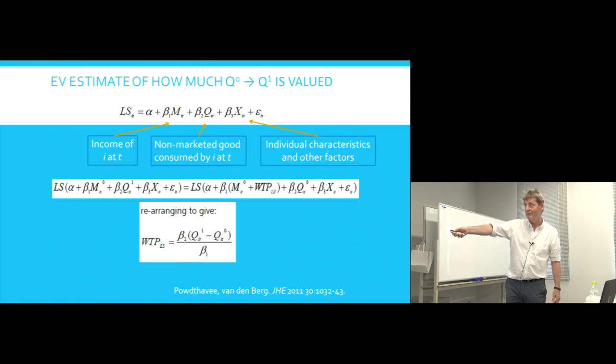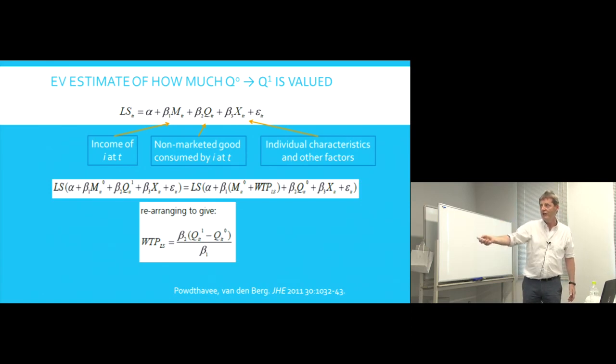So you're going to reduce your income, with a different level of the non-marketed good, and of course the same characteristics. And so the life satisfaction in the two cases is being set equal. In that case, if we rearrange everything, the willingness to pay is this coefficient, beta 2, times the difference in the non-marketed good, divided by beta 1. Now that's maybe sort of gobbledygook, it's just the way economists think.